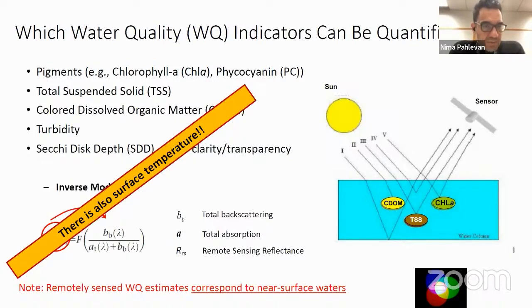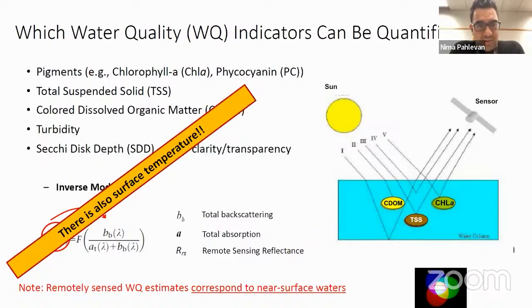There is also total suspended solids, or TSS, mostly formed of inorganic particles. The concentration, absorption and scattering properties could be retrieved from satellites. There's also colored dissolved organic matter, or CDOM, and particularly its absorption, that can be retrieved from satellite.